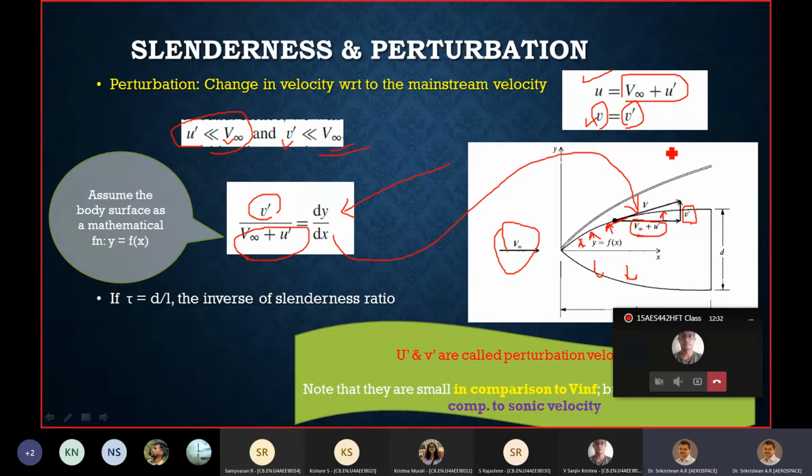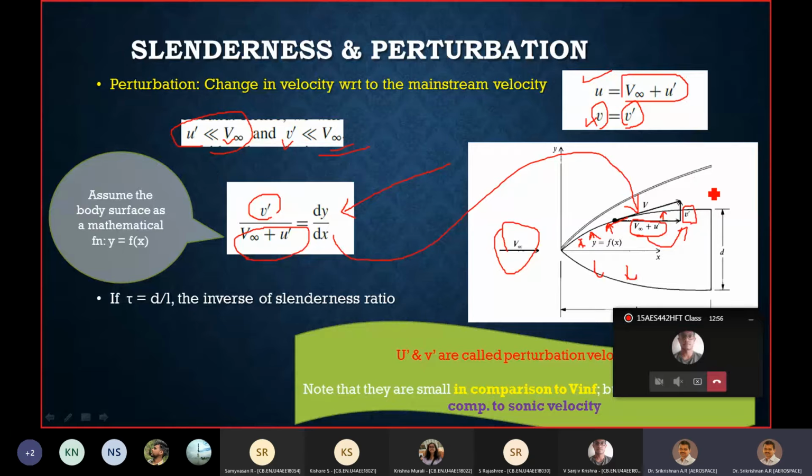Now the slope of this body, that is dy by dx. I said that y equals f of x is the surface of the body. So the slope of the body at one point is dy by dx, which can be equated as v dash by v infinity plus u dash. That can be understood by just considering this triangle here.